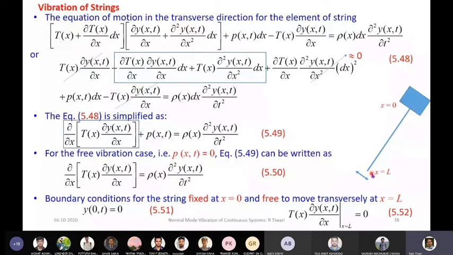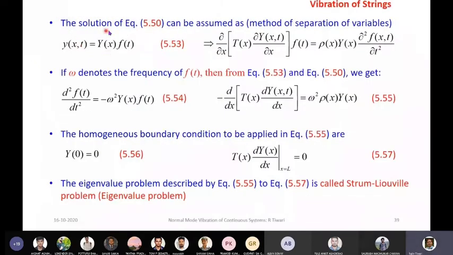Now we'll convert this partial differential equation to an eigenvalue problem by the separation of variables method. So we'll assume the solution like this, in which we are separating the function which is a function of x and time. This is the separation of variables method.